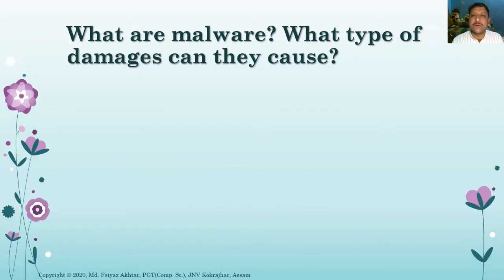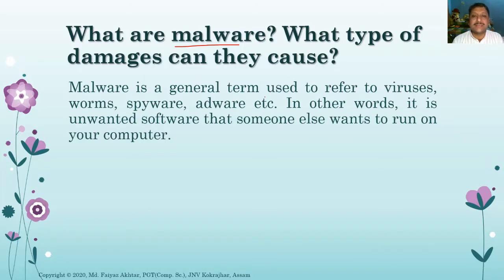Now see, what is malware and what type of damage can it cause? Malware is a general term used to refer to viruses. Viruses are also called malware. There are so many types of viruses now. Some viruses are known as worms, some are spyware, some are adware. Collectively they are known as malware.